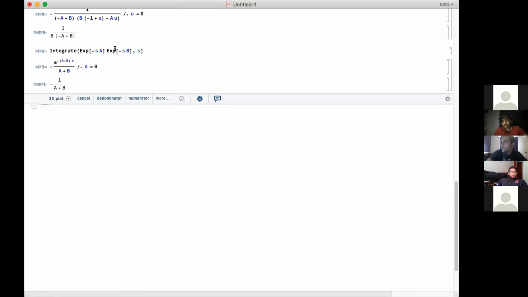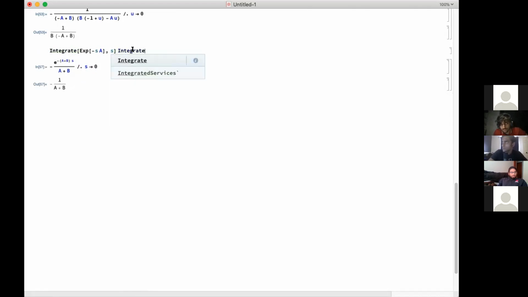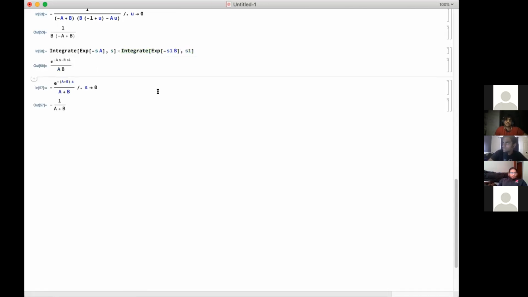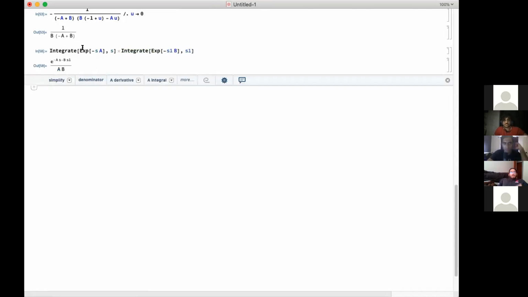Okay, sorry, let me see if this is really working. No, I shouldn't do just one integral. I should do two integrals. So I do s1 a, and then minus s2 b. Now you see I have to take both s1 and s2 to infinity and 0.